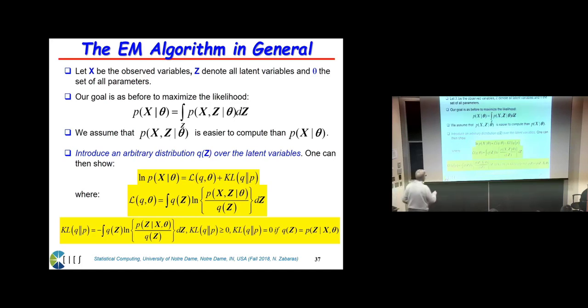This KL distance between Q and P is 0 when Q and P are the same. Otherwise, it's greater or equal to 0. And if this formula is true, since the KL distance is greater or equal to 0, the log likelihood is greater or equal to this calligraphic L that we call the lower bound. That's why we call it the lower bound.